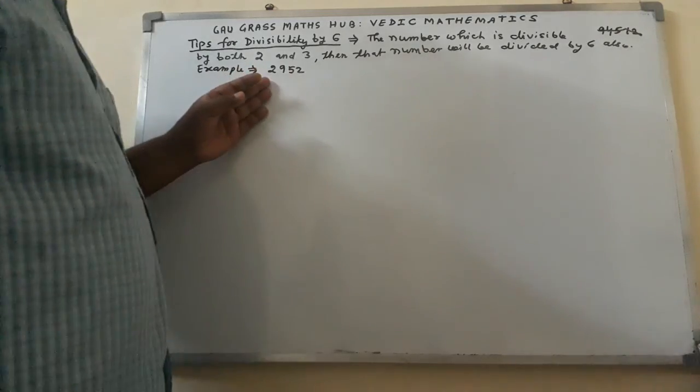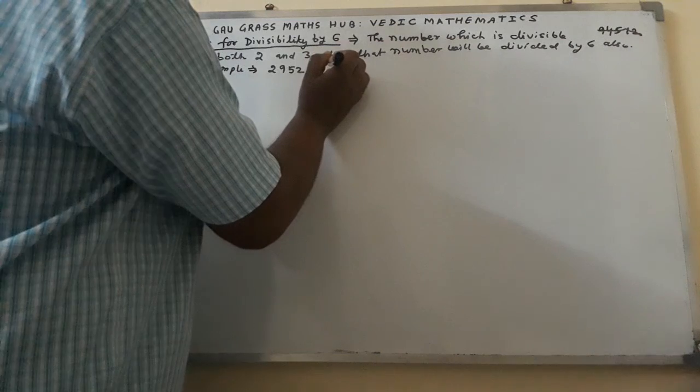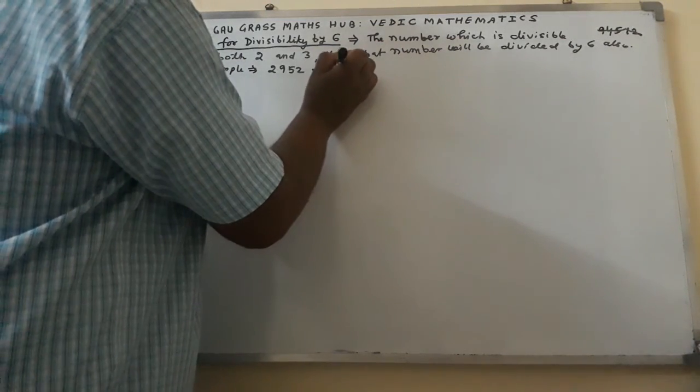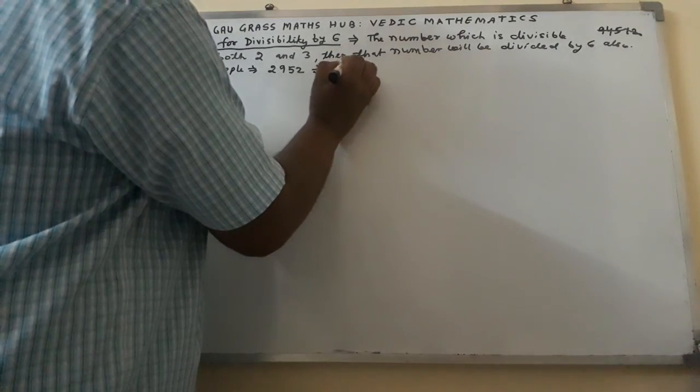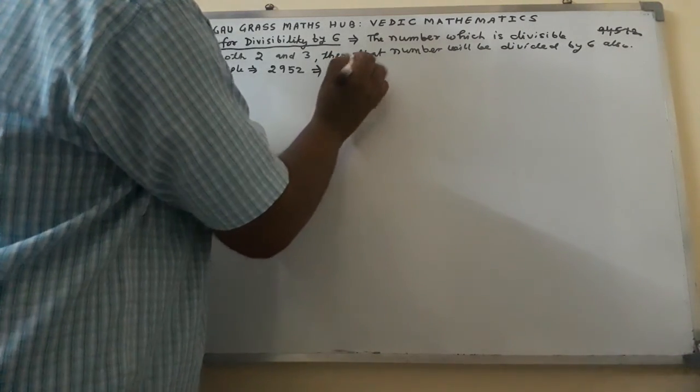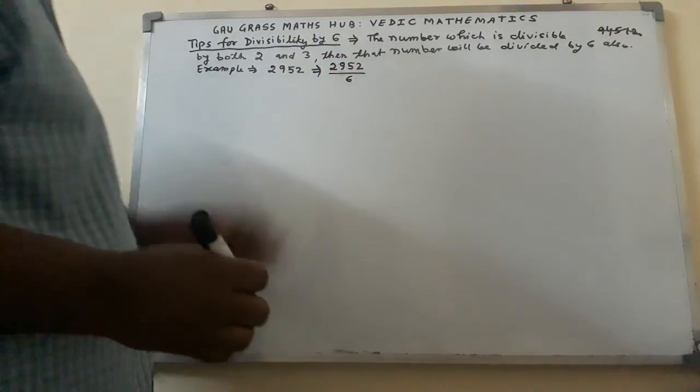This number 2952 can be written as 2952 divided by 6, fully divided by 6.